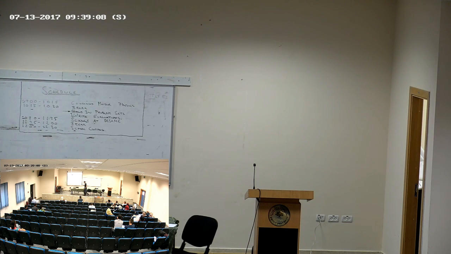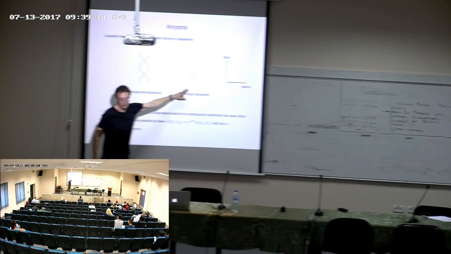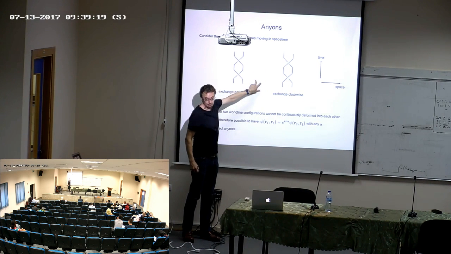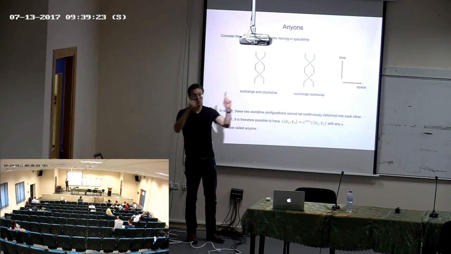So what it really means, the key is that, maybe I should have put a third thing here as well. Exchanging them clockwise is different from exchanging them anti-clockwise, and is different from doing nothing at all. And is different again from exchanging them clockwise twice.